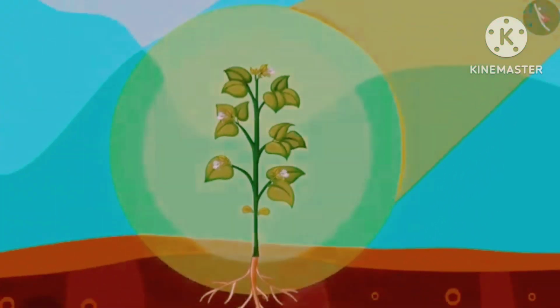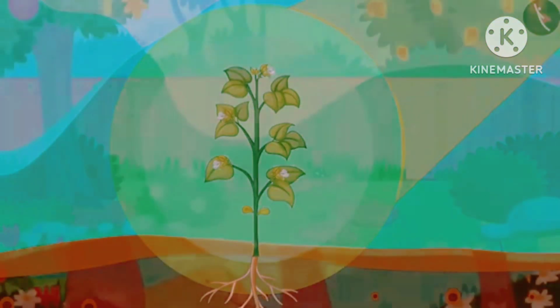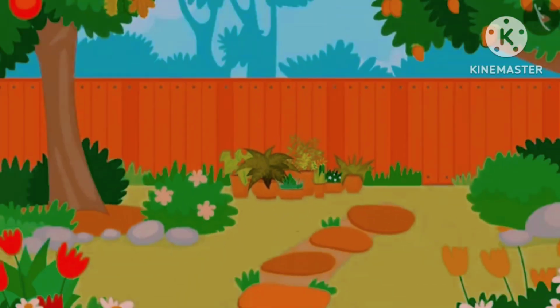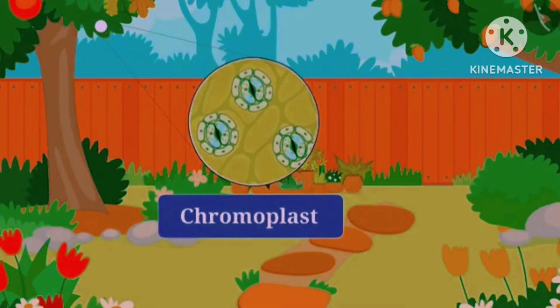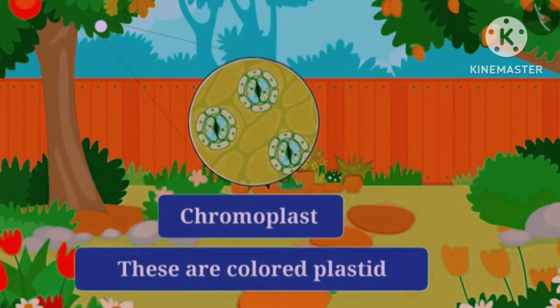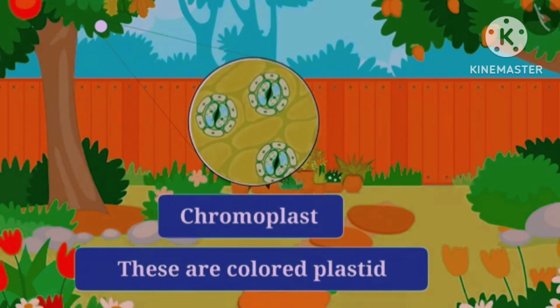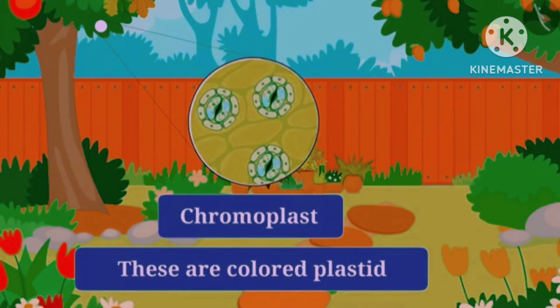Now, we will know about chromoplast. Friends, have you ever thought why leaves, fruits and flowers of a plant are of different colors? Well, because of this chromoplast. They are colored plastids and they provide different colors in leaves, flowers and fruits.